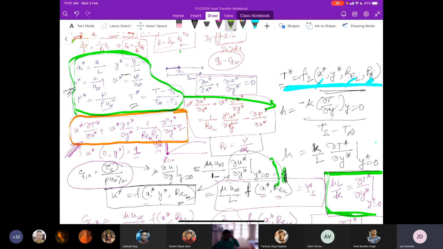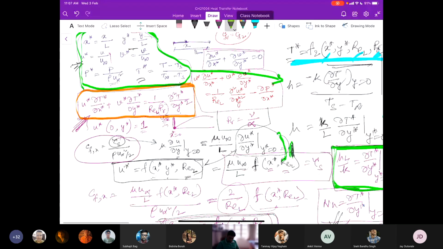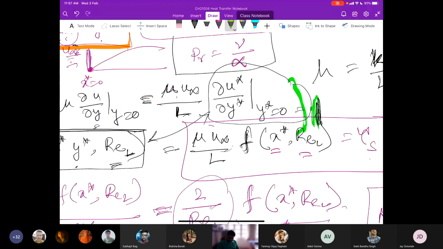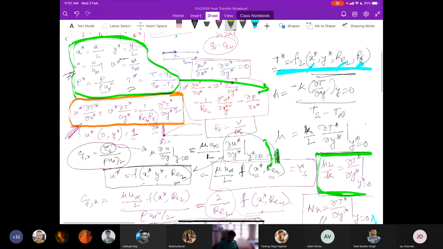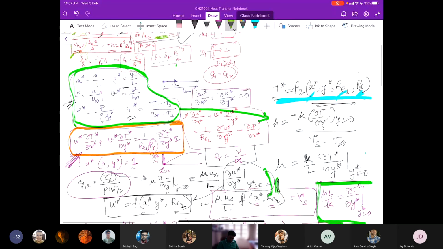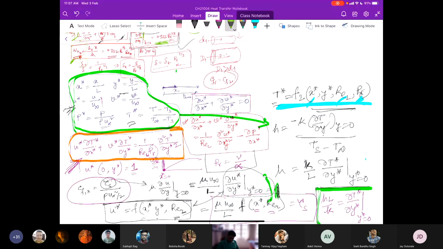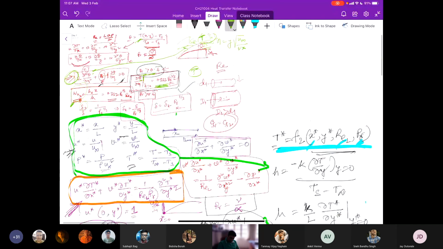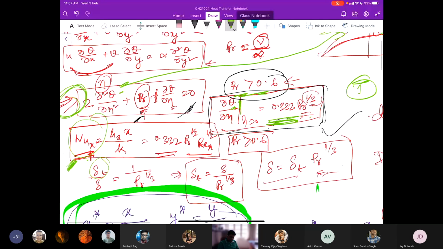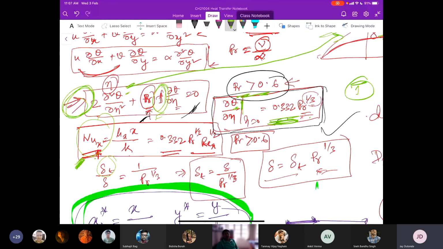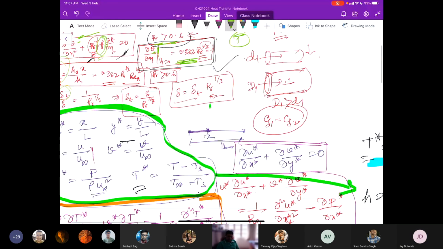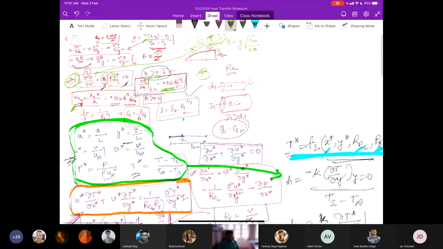Okay, so it is again a function. Oh, this one. This f is again related to the similarity variable that relates with the stream function.